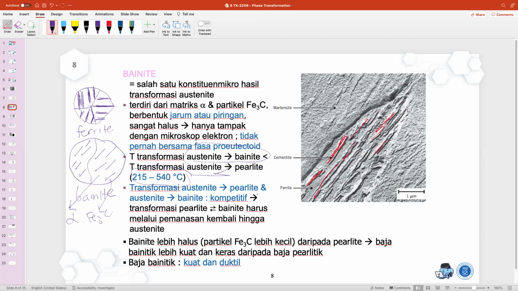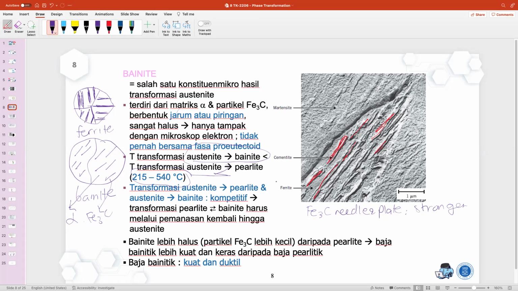The good thing about bainite is that the Fe3C needles and plates make the bainite stronger. It's like adding a border to reduce plastic deformation. It's going to act as a very strong material.